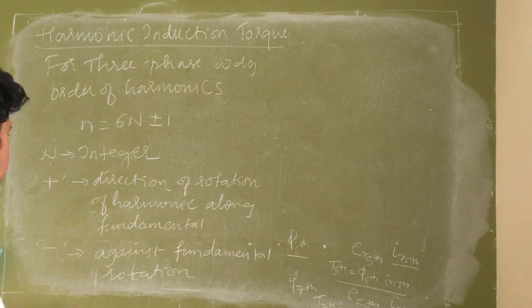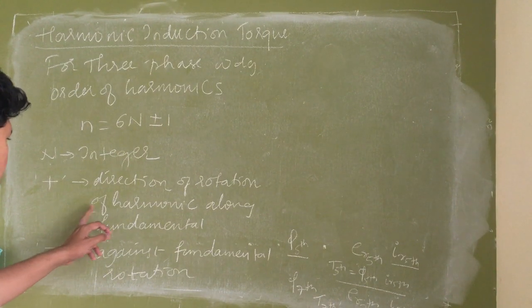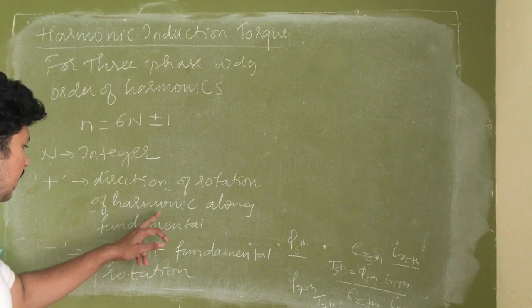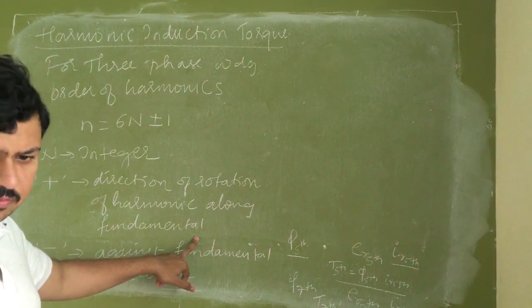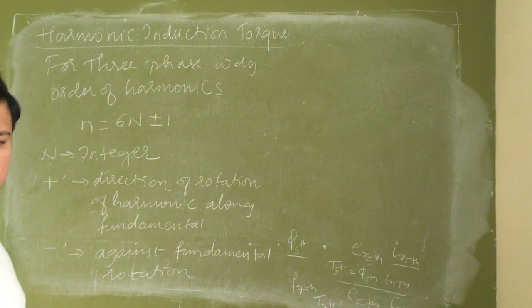So if the harmonic is rotating along the fundamental, it is called forward rotation. If the harmonic is rotating against the fundamental, it is called reverse rotation.